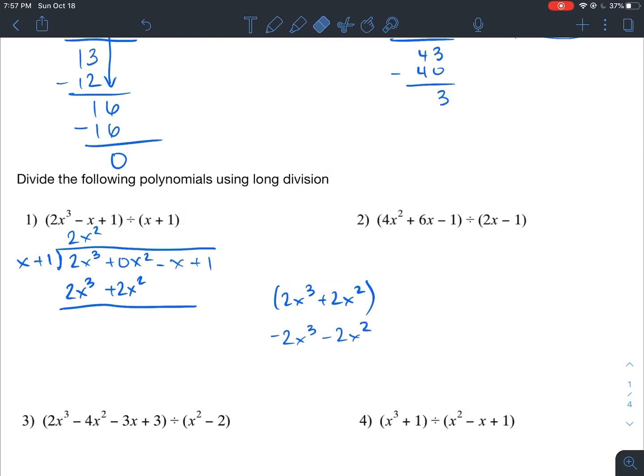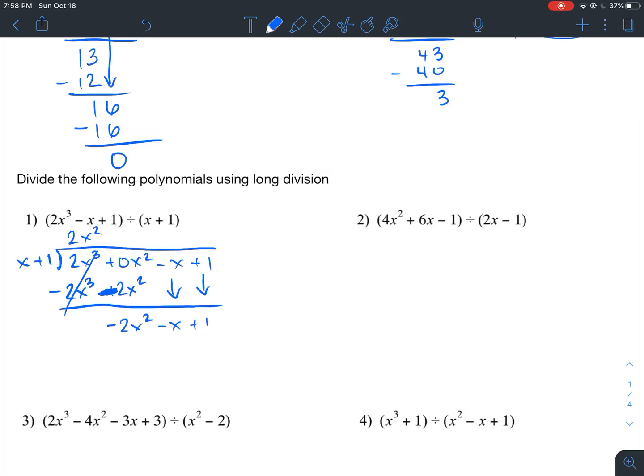So whenever we subtract, we have to flip the signs. So always remember to flip your signs. And now we can subtract: 2x cubed minus 2x cubed is 0. 0x squared minus 2x squared is negative 2x squared. And drop what you have over here.